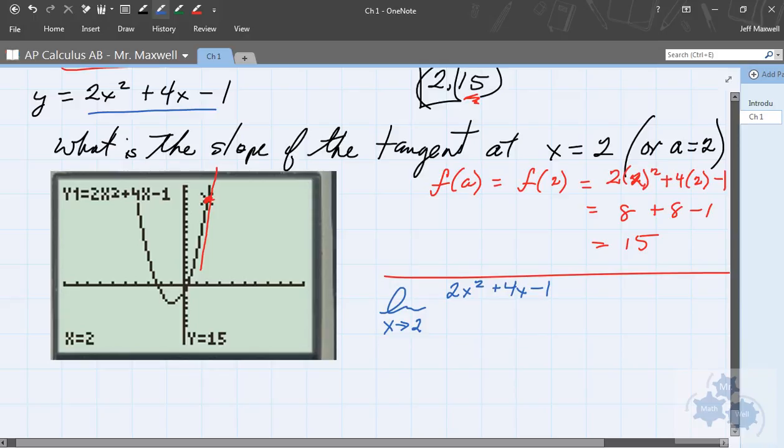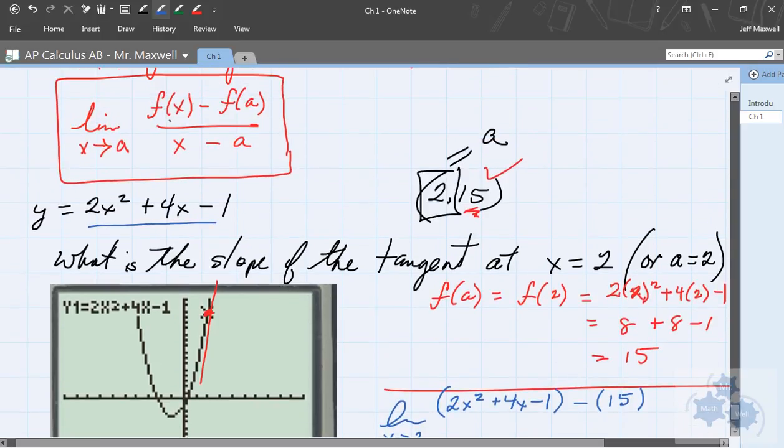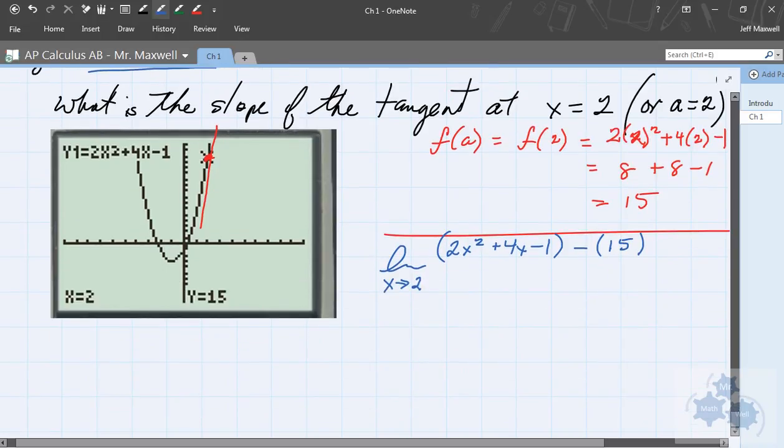So there's f of x minus, what's f of a? 15. So recall, we've got f of x minus f of a. That's on top. And we're going to divide that by x minus a, which is 2.